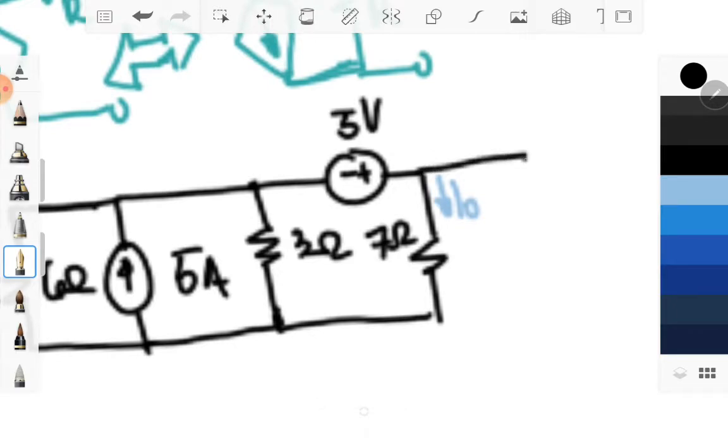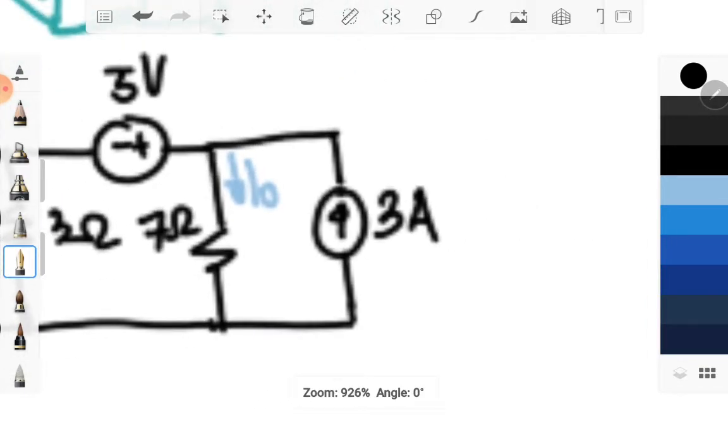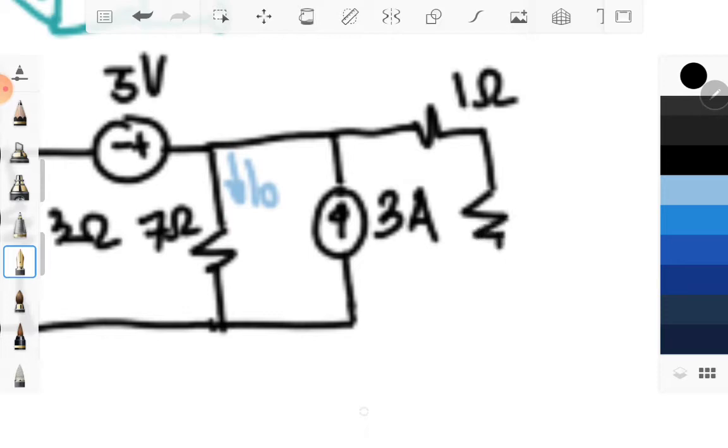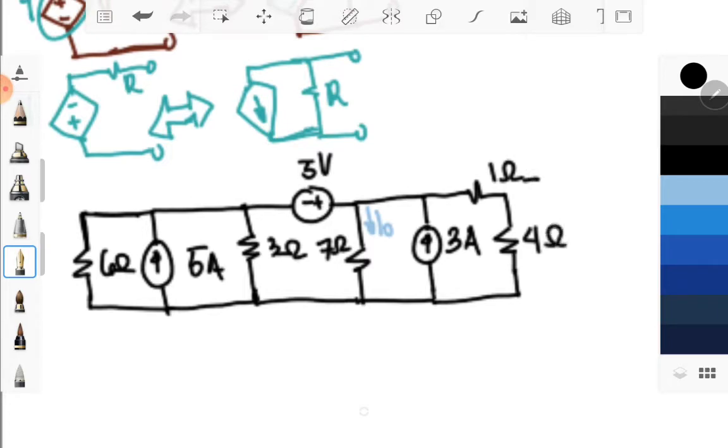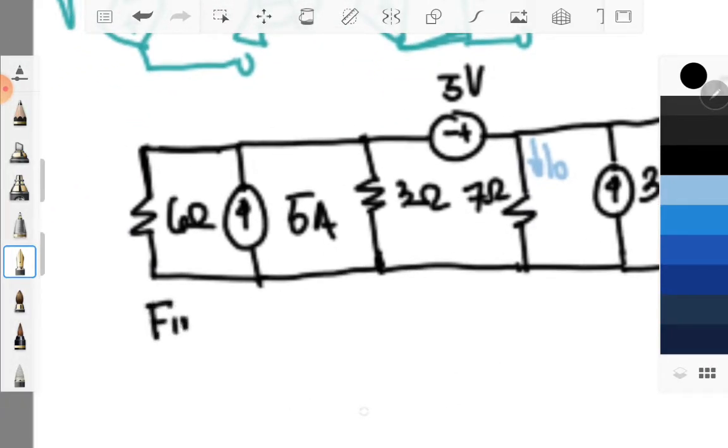Then we have our 3 ampere, and a 1 ohm and 4 ohm resistor. Find the value of Io using source transformation.